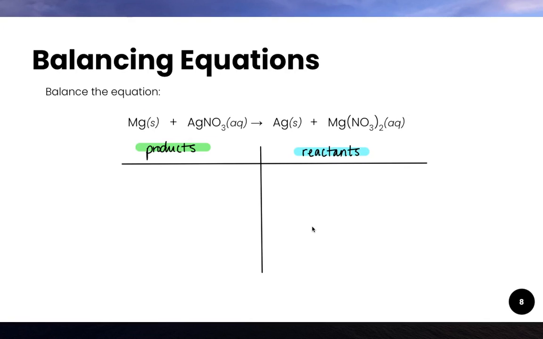In this equation, we have magnesium, silver, nitrogen, and oxygen.